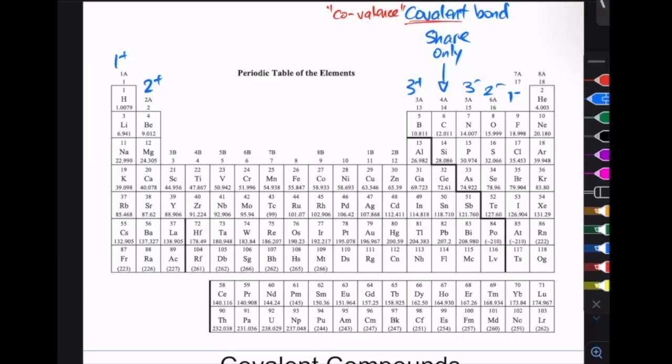So for example, as we described in the previous lecture, oxygen might form the oxide 2- ion. Or nitrogen might form the nitride 3- ion. And it will do that when it's forming ionic bonds.